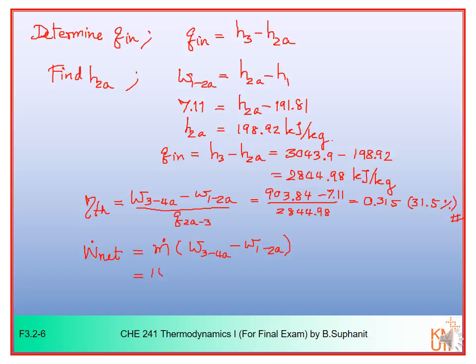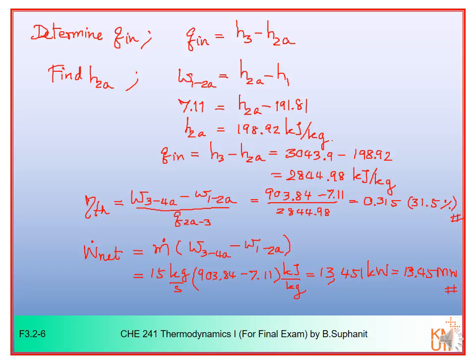Mass flow rate 15 kilograms per second multiplied by 903.84 minus 7.11 kilojoules per kilogram, and that would be 13,451 kilowatts or 13.45 megawatts.